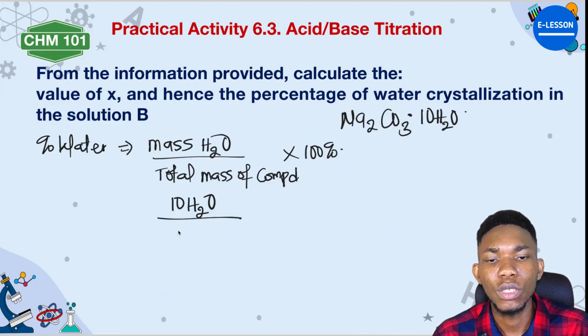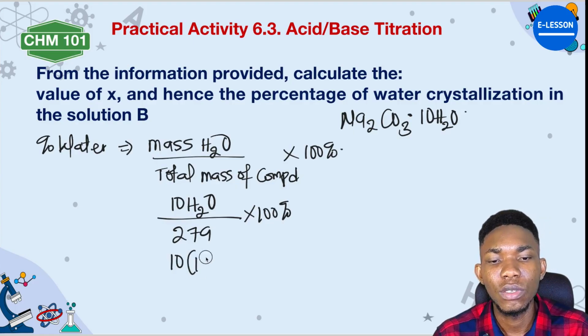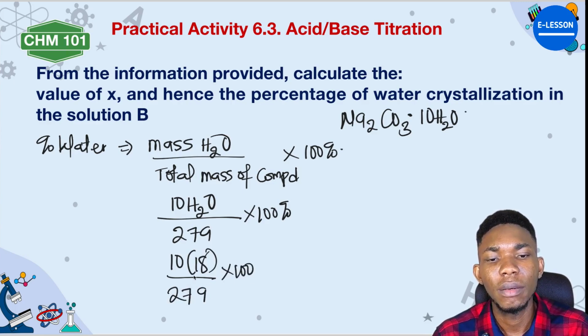So total mass will be 279 times 100%. Molecular weight for water is 18, that is, hydrogen is 1 times 2 is 2 plus oxygen 16, which gives us 18. So it's 10 times 18 divided by 279 times 100%.